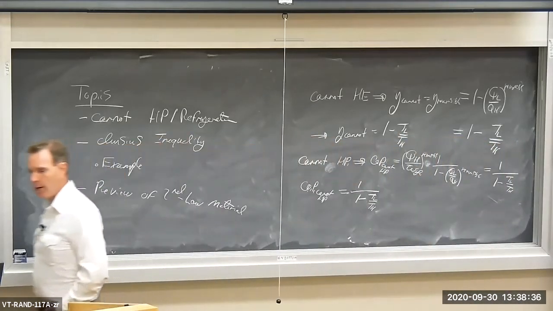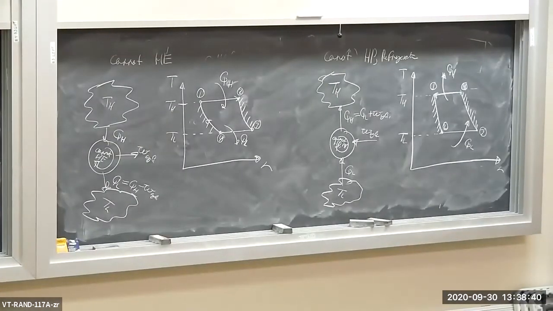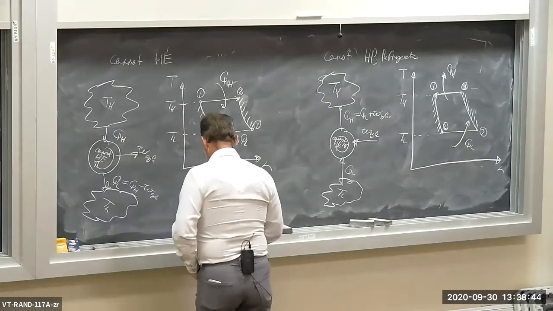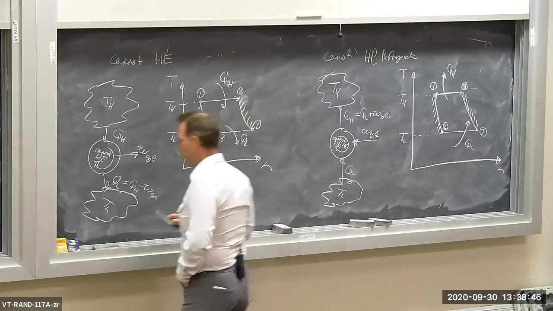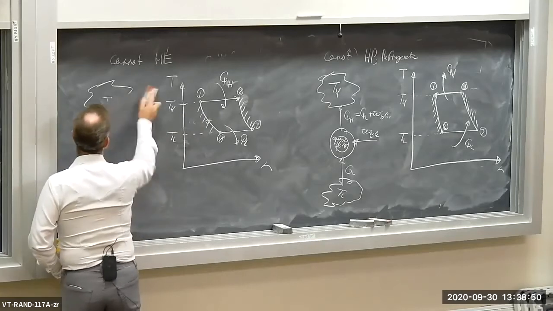All right, let's try to get a little bit more distance between these pictures that we have about the second law, and get to a little bit more solid footing in terms of mathematics.